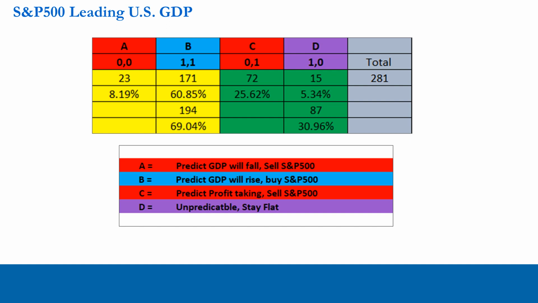Scenario C, where we get the stock market going down, but GDP growth is reported up. So what are we doing here? Well, we're predicting a potential overextension in the market, and we're predicting profit taking. So the action that we're taking is to sell the S&P 500. Now, that doesn't mean that we're necessarily short.